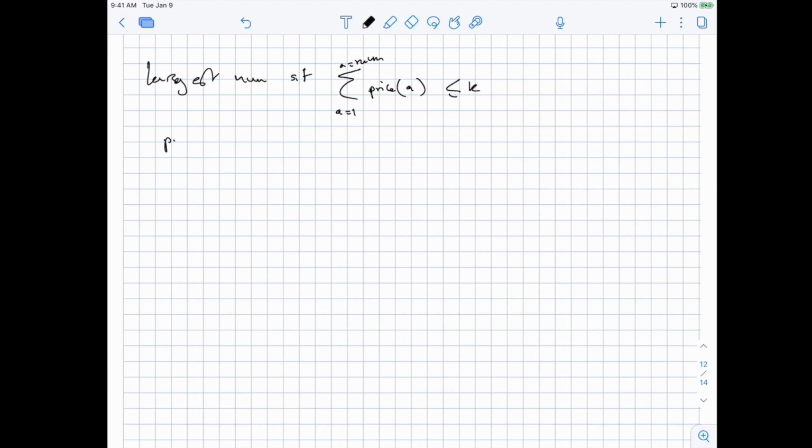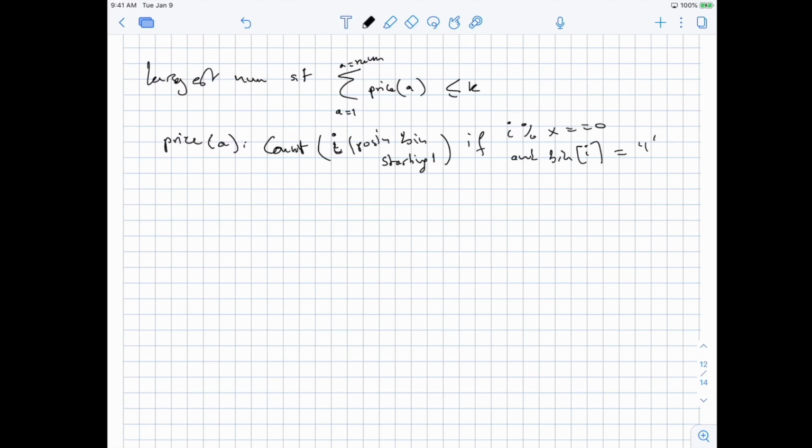Now what's the definition of the price? The price of a is the count of those positions i in the binary representation, starting from 1 because it's one-indexed, where i is divisible by x and the value at position i is equal to 1, meaning it's set in the binary representation of a. Okay? So this is the rule.